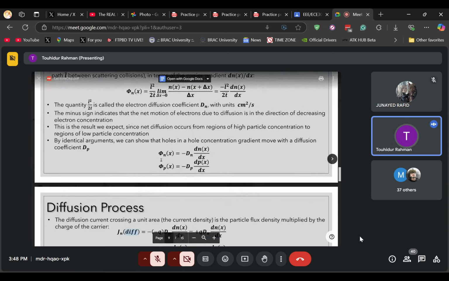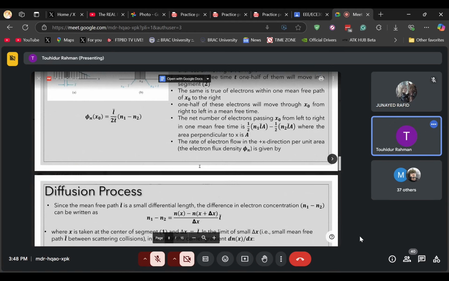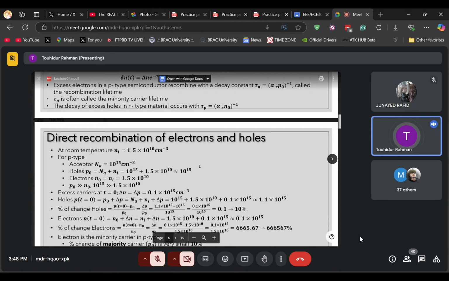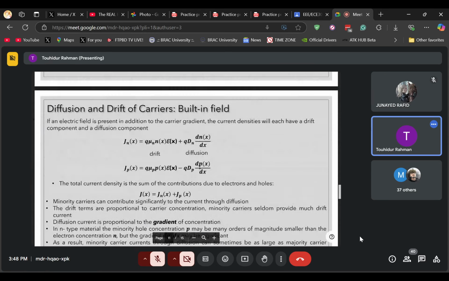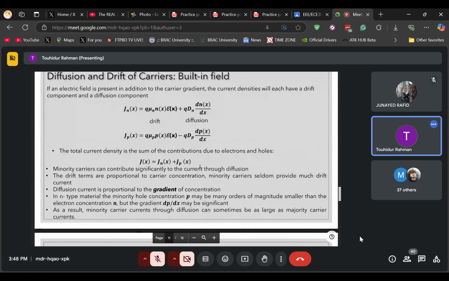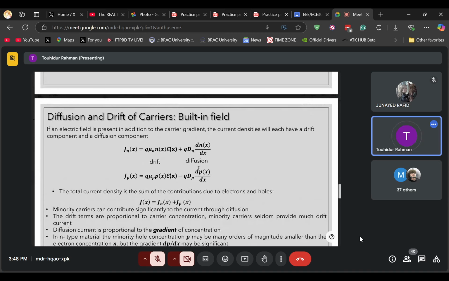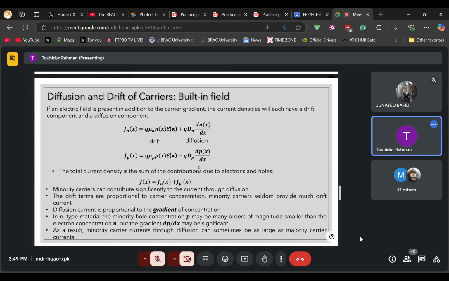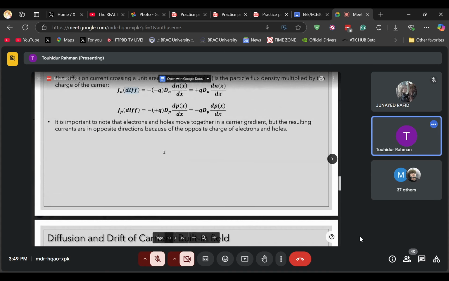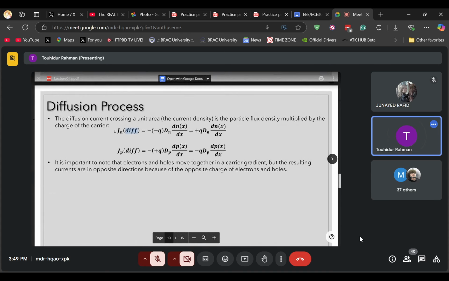However, in this entire analysis, I have not applied any voltage. Ohm's law says V is equal to IR. Since I didn't apply any voltage, that means V equal to 0. So current must be 0. However, this equation says current is not 0. And this equation comes from diffusion.